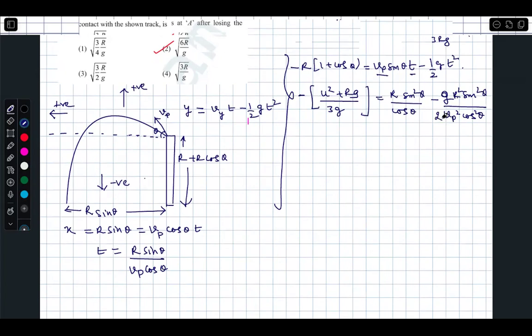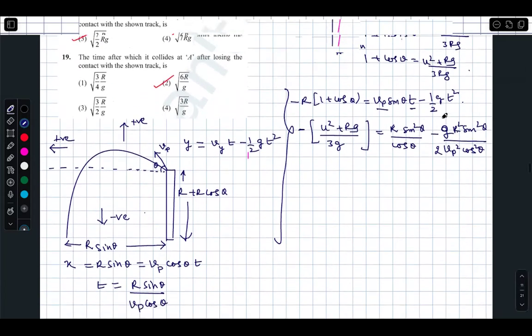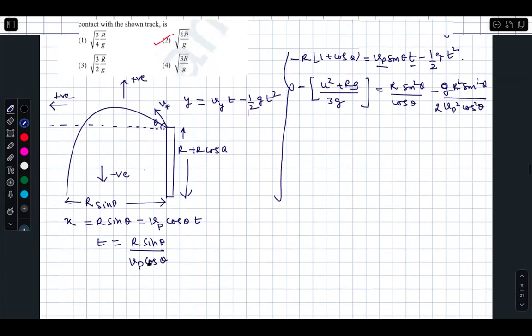Now we have to solve this. If you solve this, you will get u. So it's a complex question, I know. I cannot reduce it into a simple trick. Mathematics is involved. So solve this, you will get u. The moment you get u, you will get Vp.